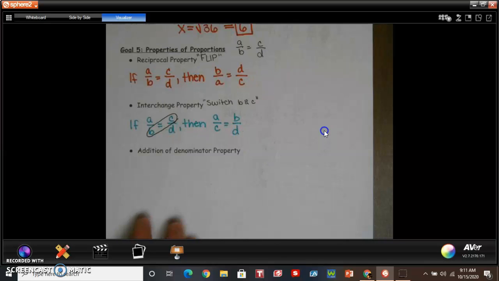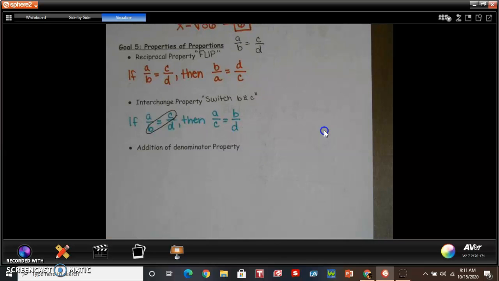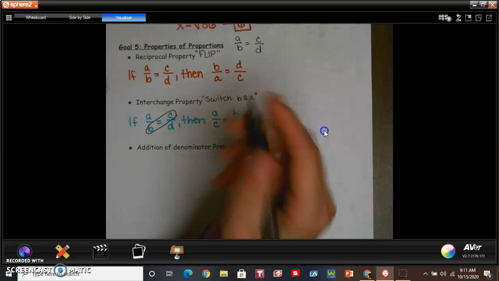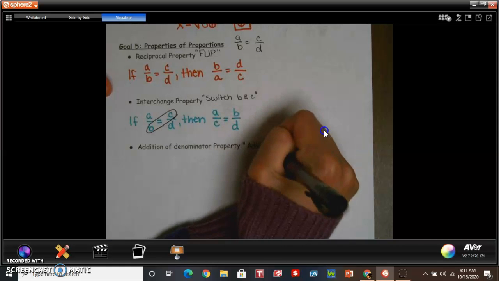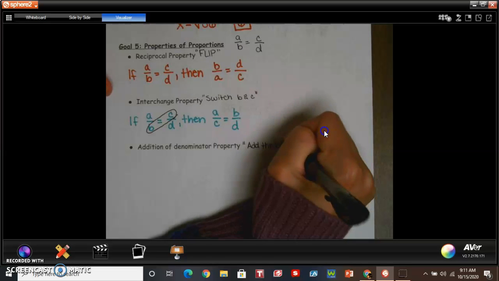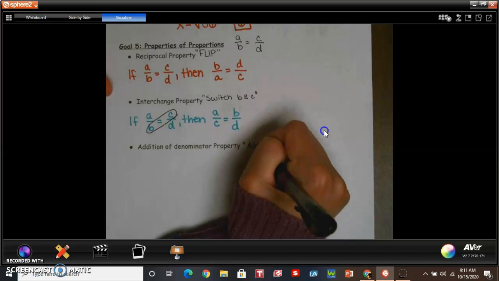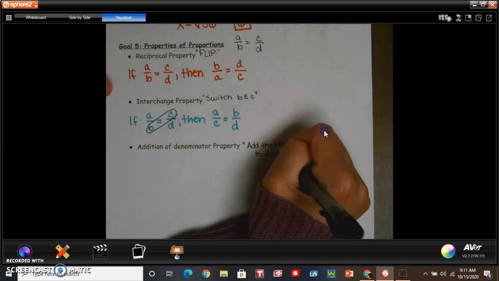And this is the one that a lot of students struggle with just because it's so weird. I call it the addition of denominator property. This is when we're going to add the bottom to the top. Okay?